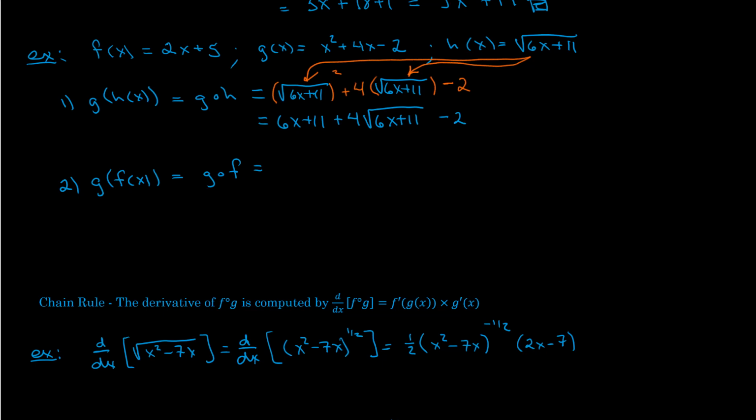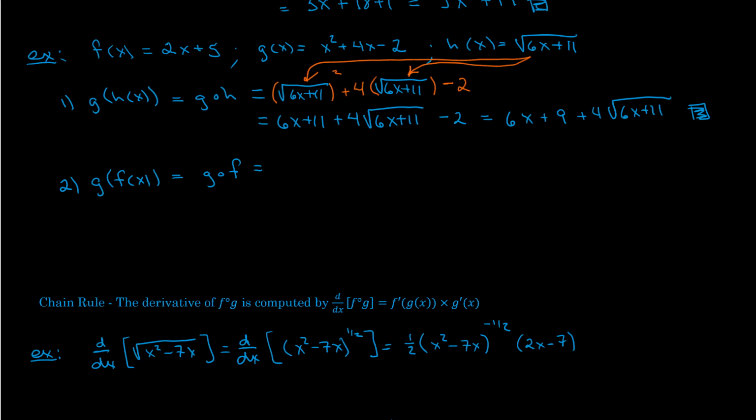We can combine the 11 and the minus 2. When we do that, we wind up with the equation 6x plus 9, remember 11 minus 2, plus 4 times the square root of 6x plus 11. And there's that one done.